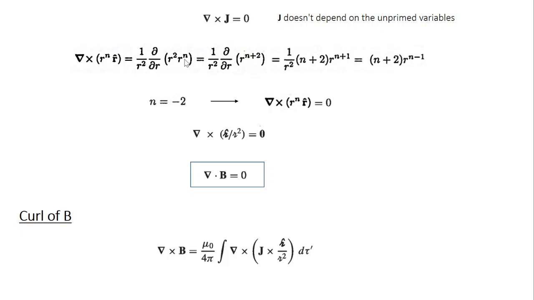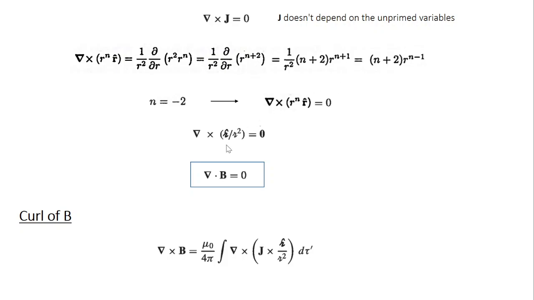You don't have to worry about the theta and phi components because those two are absent here. So this is nothing but 1 over r square dou by dou r of r to the power n plus 2, whose differential is n plus 2 into r to the power n plus 1. So when you divide this with r square, you get n plus 2 into r to the power n minus 1.